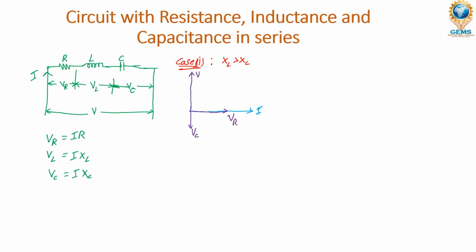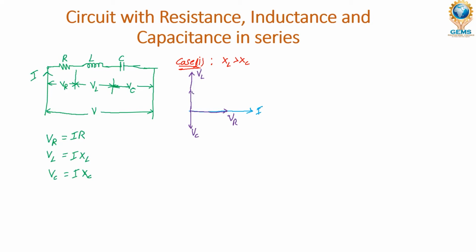This is the VL. This VL is more. So from this, the resultant will come here, VL minus VC. If you substitute this value, VC, we will get approximately here.